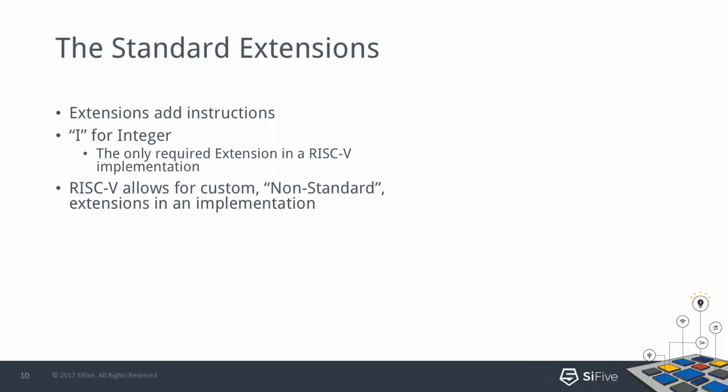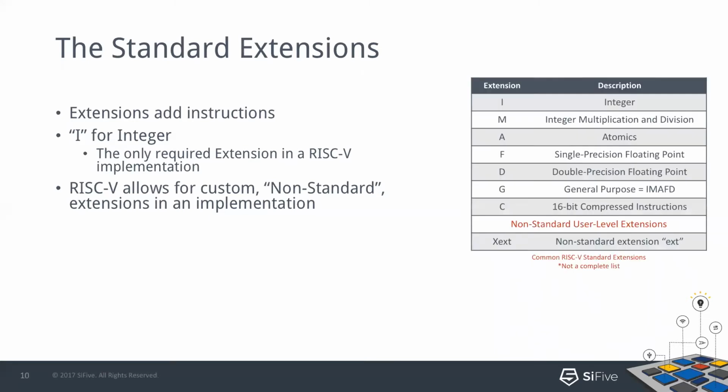In addition to standard extensions, RISC-V allows for non-standard extensions, which are specific to an implementation. Standard extensions are added to the RISC-V specification and agreed upon by the RISC-V Foundation, whereas non-standard extensions are not. Some examples of the most common standard extensions are in the table on the right.